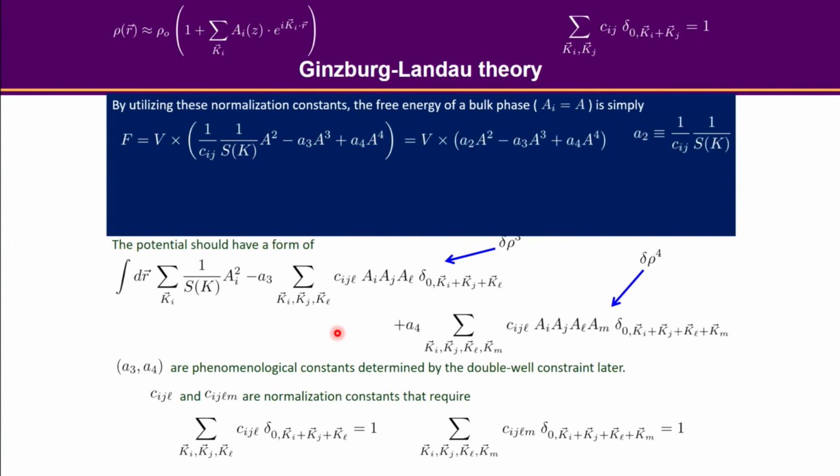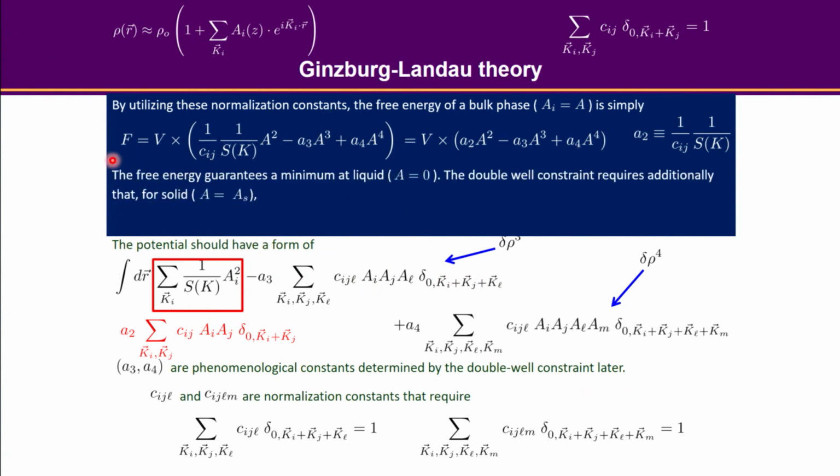That's why we define these C's, to simplify this expression. So if I make the notation look clean, I can redefine my A2, the coefficient for my quadratic terms, to be A2. And A2 is simply 1 over Cij times 1 over Sk. You can do that notation change if you want. If you really keep that 1 over Sk, that's fine. So if I do that, the energy can be rewritten in a form quite similar to the cubic and quartic bulk energy.